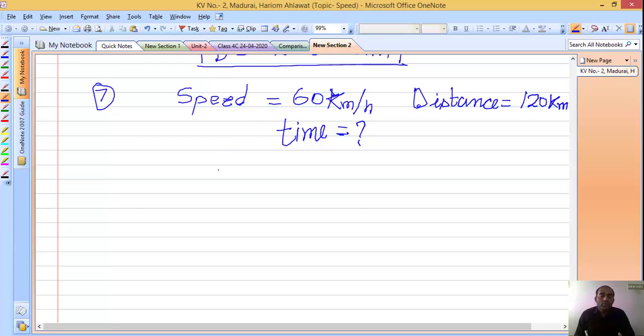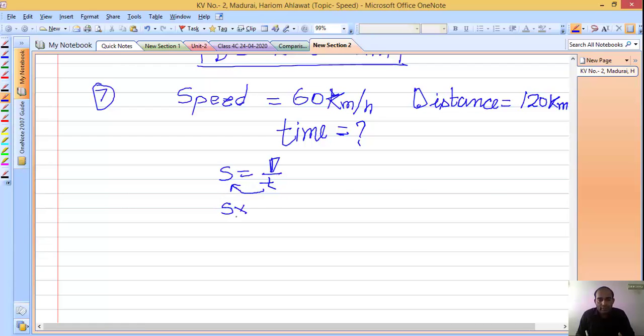Okay, you know the time formula? No, you will say, sir, I forgot, but you know the speed formula. Yes, speed equals distance upon time. But this time you want to find out time, so time will go there, and when the time goes there, the division will change into multiplication.